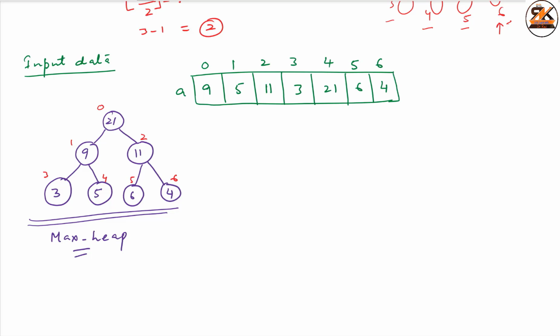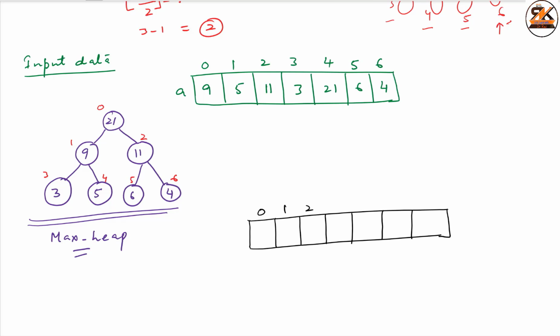And now when we represent this max heap in the form of an array, we are going to get the data as this. The indices are 0, 1, 2, 3, 4, 5 and 6. Total 7 elements. This is the array.